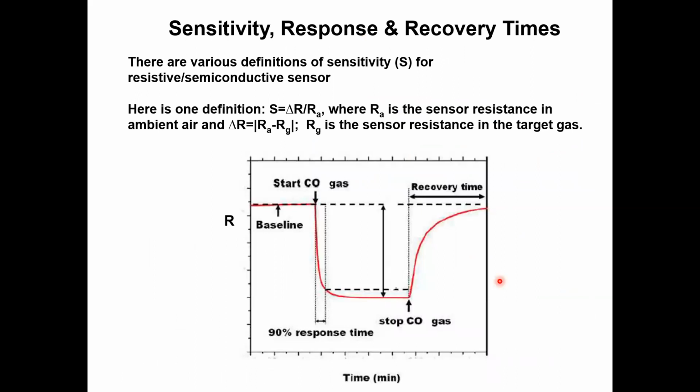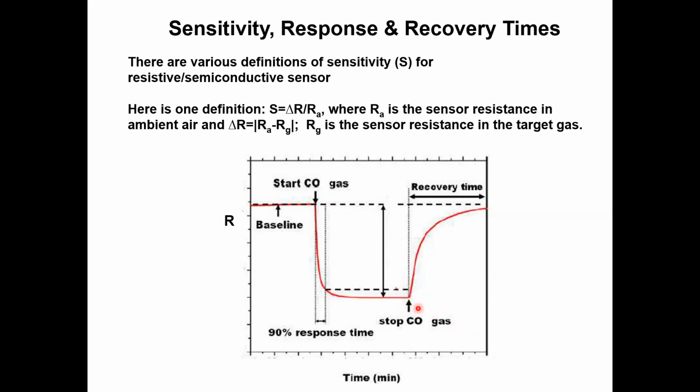So a typical response from a sensor like this will be that you equilibrate the sensor in the background gas. This can be air or nitrogen or something like that. Then you introduce CO, and the resistance will drop. It's an N-type material. One takes the 90% response, because beyond 90%, the change is very slow.